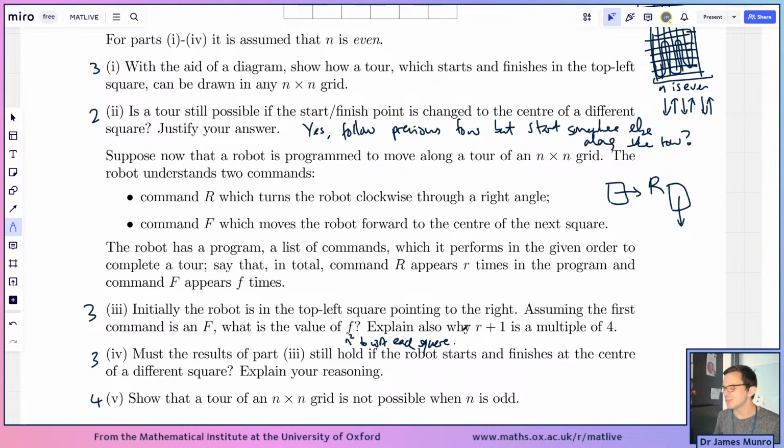And r plus 1 is a multiple of 4. I'm a bit confused about why it can't just spin at the end. Why can't it just spin at the end? Hi, chat. Oh, they want me to go right first. So if I go right, okay. So I go right first. I'm in the top corner, and they're telling me that the robot starts by going right. Well, starts by going forwards, which is to the right.